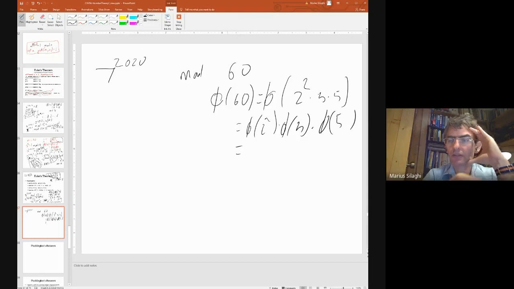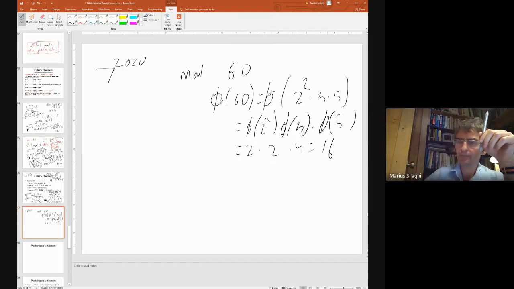Very good, which is equal to 2 times 2 minus 1 times 2 times 4, 16. Very good, Bashar. Okay, so 16. So then 7 at power 2020. You write it as what?